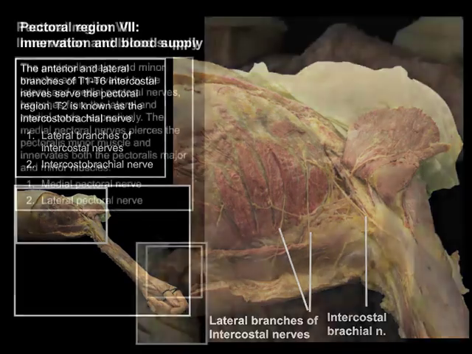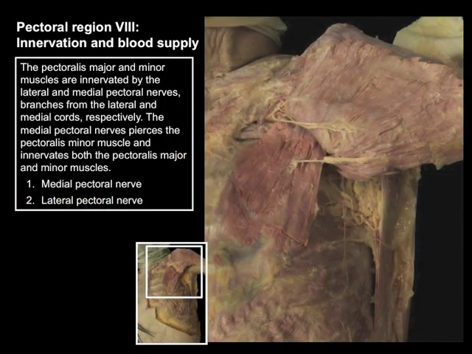Let's now consider the innervation of the muscles of the pectoral region. The pectoralis major and minor muscles are innervated by the lateral and medial pectoral nerves, branches from the lateral and medial cords, respectively. The medial pectoral nerve pierces the pectoralis minor muscle and innervates both the pectoralis major and minor muscle.